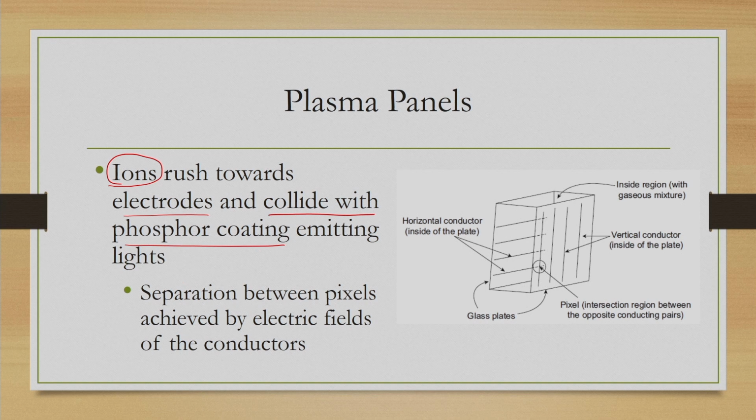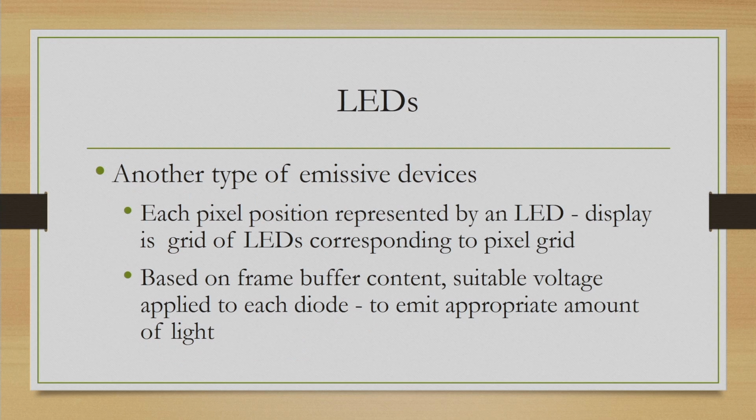When they collide, they emit lights, and this light gives us, like in case of CRT, the perception of the image. The separation between pixels is achieved by the electric fields of the conductors. That is how plasma panels work.